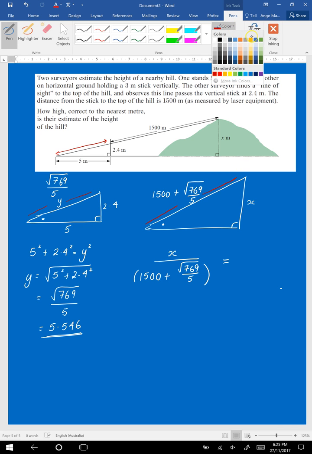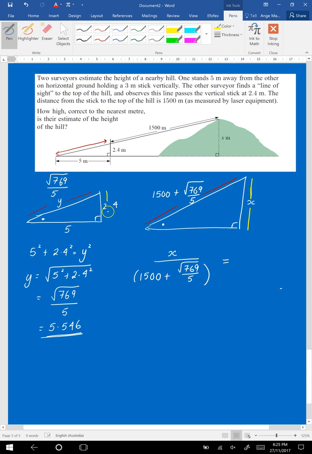So those two are corresponding sides, and then this length here will be corresponding to this one here. So I've got x over this will equal 2.4 over, again, it looks ugly, you've got a fraction on a fraction, but hey, make those calculators work.